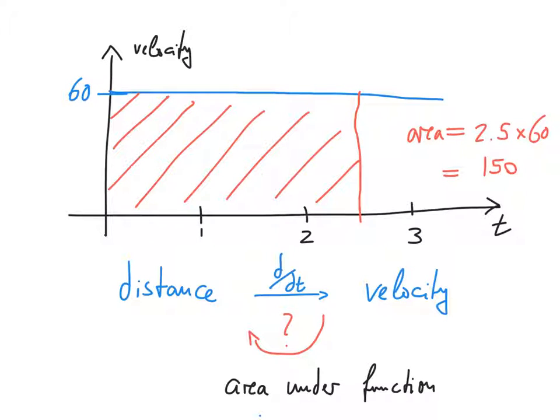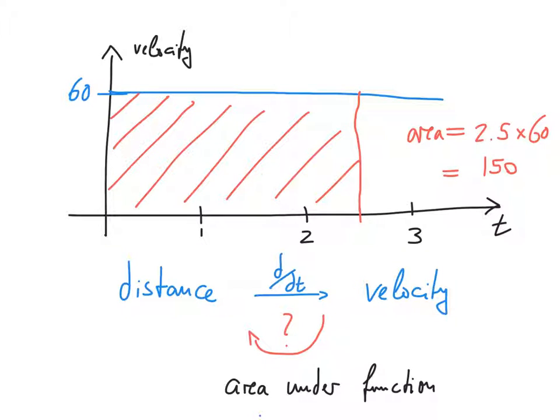The idea was that we've seen that velocity is the derivative of the distance function. Remember when we talked about derivatives, that was one of the really standard examples: the instantaneous rate of change of distance gives us velocity.